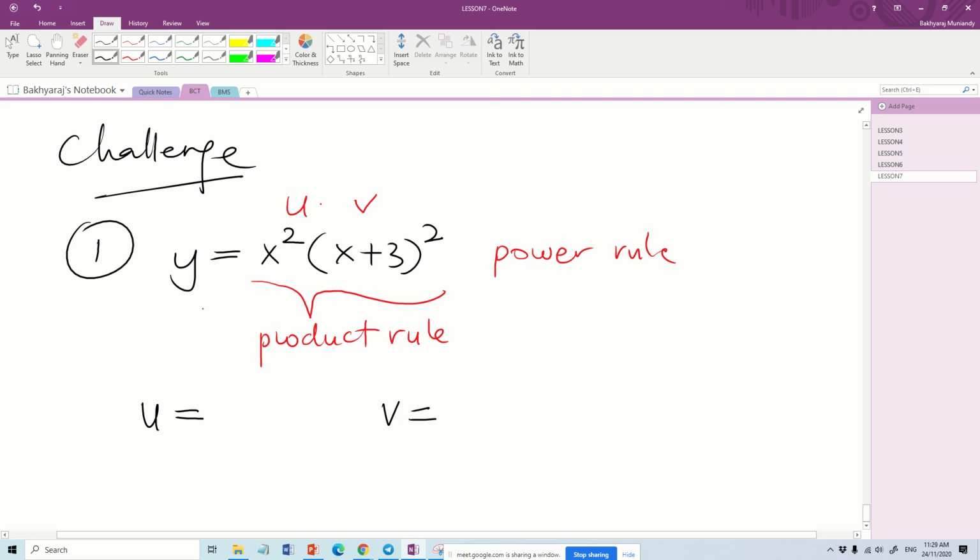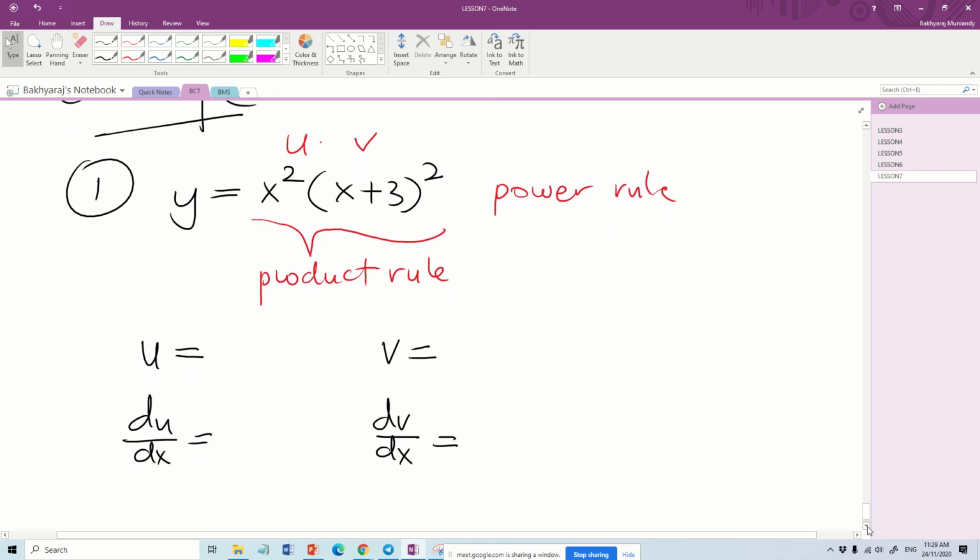Bila darab mesti kena ada U dan V. Once you know what is U and V, get your du dx and also your dv dx. I know that my u is x square, and yang ini akan jadi (x plus 3) square.